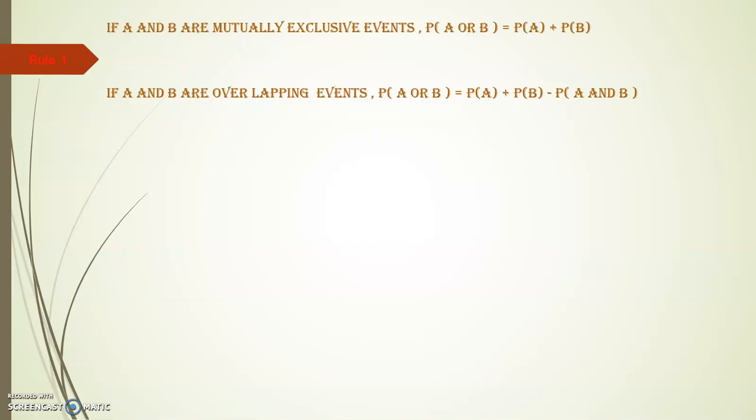If A and B are overlapping, meaning we have common numbers between the two events, then the probability of A or B equals the probability of A plus the probability of B minus the probability of A and B. The probability of A and B is the common part between the two.